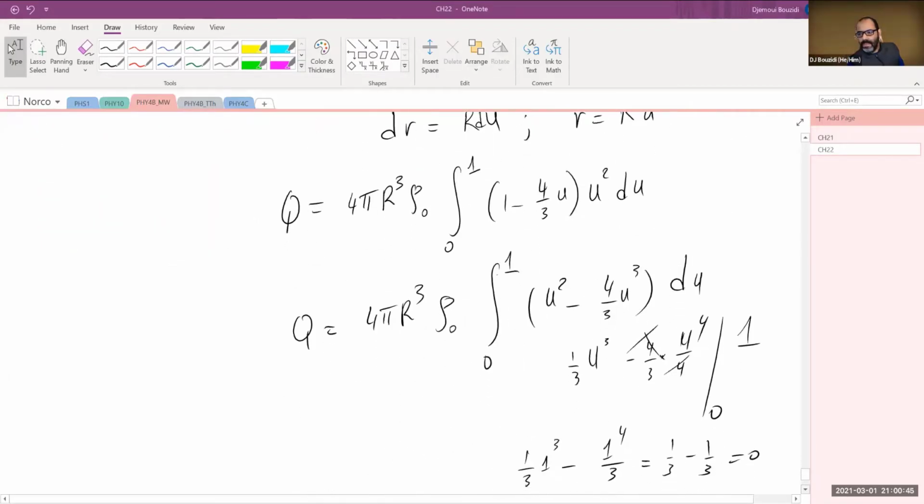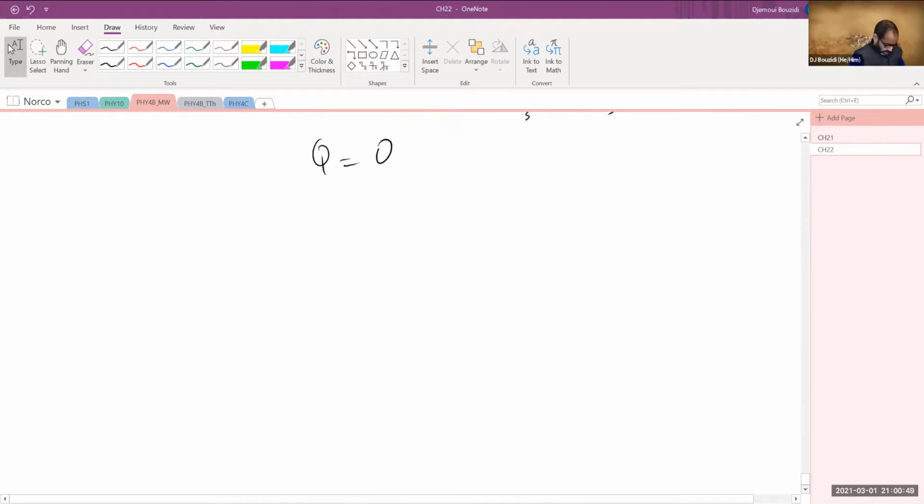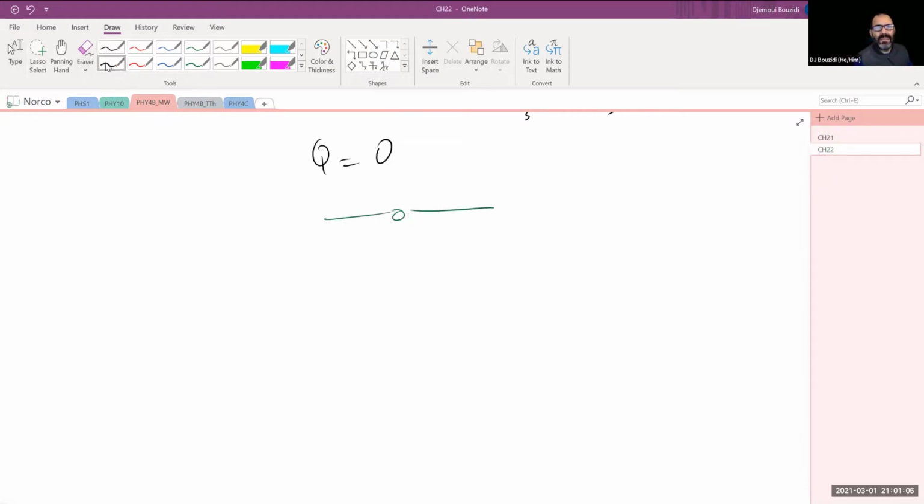Okay, so let's continue with the questions of this problem. Obtain an expression for the electric field in the region. Now, the second part: r greater than or equal to R. We already did it. For r greater than or equal to R, E is equal to 0.